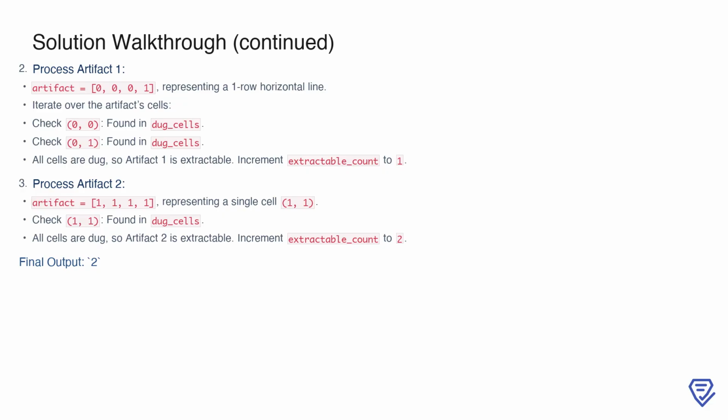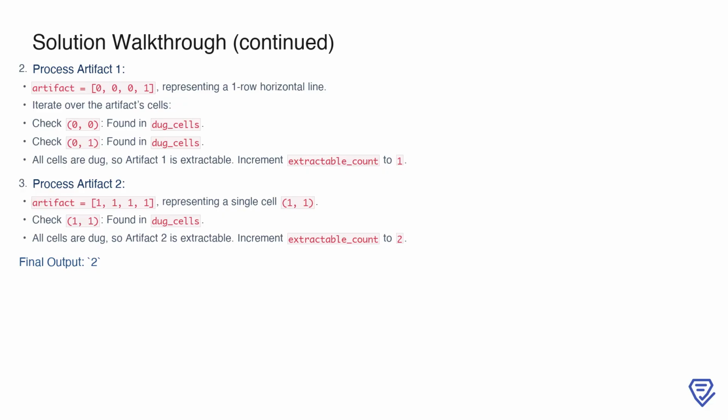Next, we process artifact 1, which spans two cells horizontally, from 00 to 01. We check each cell within this range. The first cell, 00, is found in the dug cell set, and so is the second cell, 01. Since all cells for artifact 1 have been dug, it is extractable, so we increment our extractable count to 1.